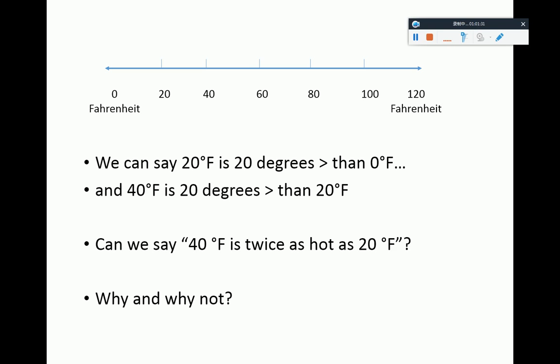You can either say, yes, we can meaningfully say 40 degrees Fahrenheit is twice as warm as 20 degrees Fahrenheit, or you can say, no, we cannot meaningfully say that. Which one would you choose? And what's your reason? Okay, I give you 2 seconds to think about it while I take a sip of water.